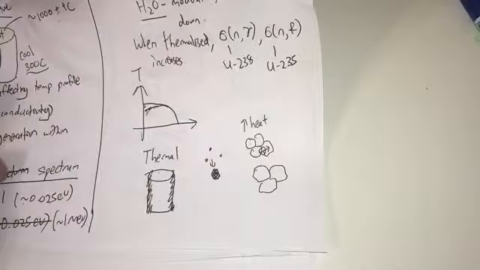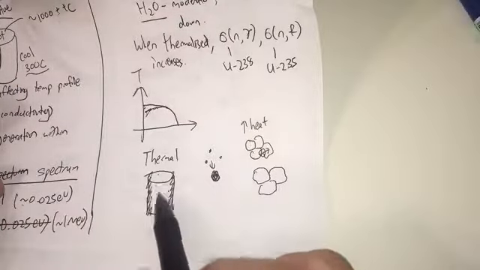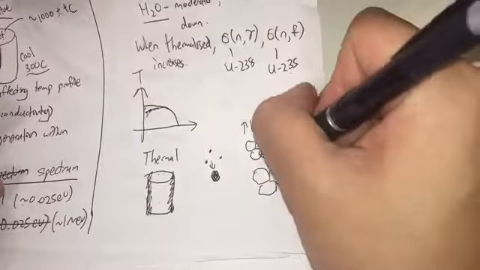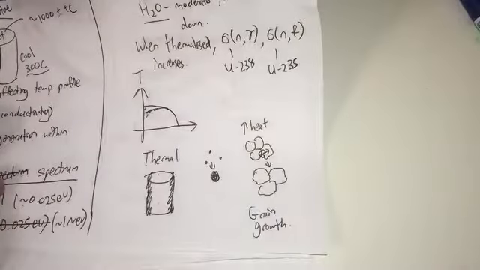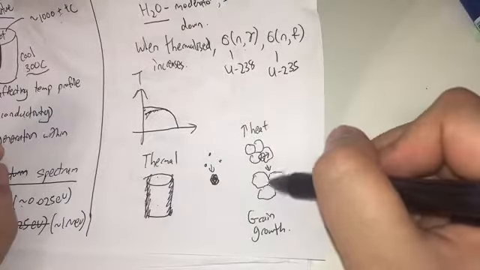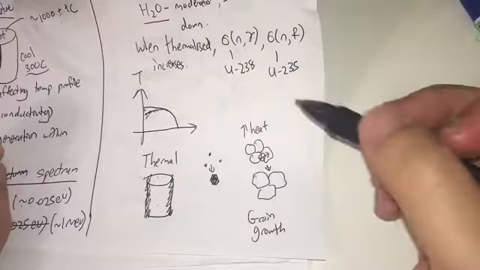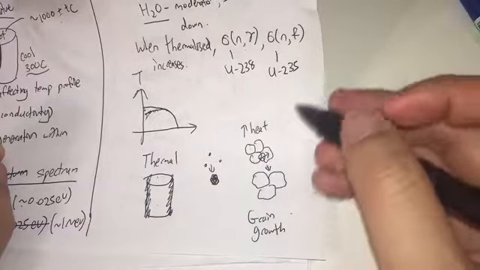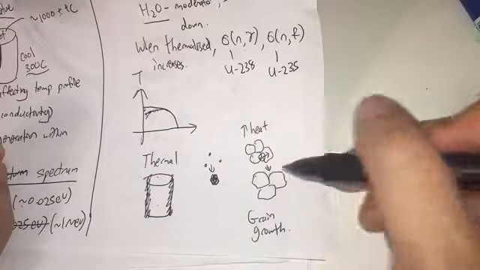And the overall effect is that in the center of this fuel pellet, you will experience this grain growth phenomenon. Okay, grain growth. Why? Because of thermodynamics, a larger grain is more thermodynamically stable than many small grains. And when you give the thermal energy for it to overcome the activation energy barrier, then the grains will start to grow.